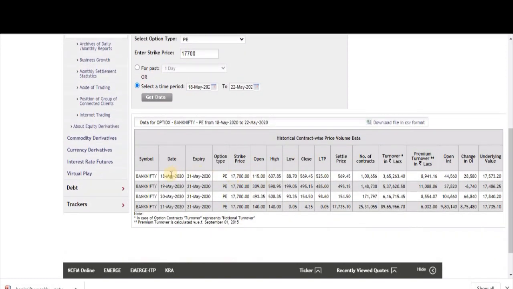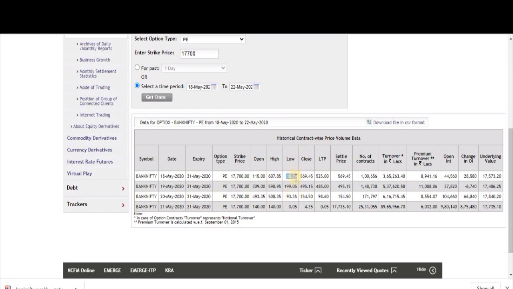On the very first day, the 18th of May, the low price was 88. The open was 115, so it was available somewhere below 100 rupees. The Bank Nifty 17,700 put, the price was available at less than 100 rupees.